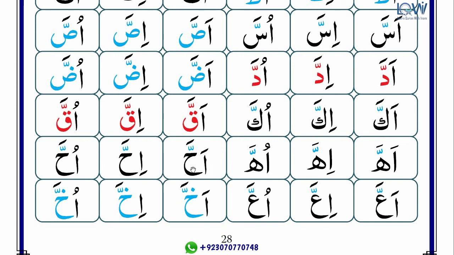So next letter is ha, and we will have to read from bottom part of the throat. Hamza ha zabar ah. Ha zabar ha. Aha. Hamza ha zir ih.